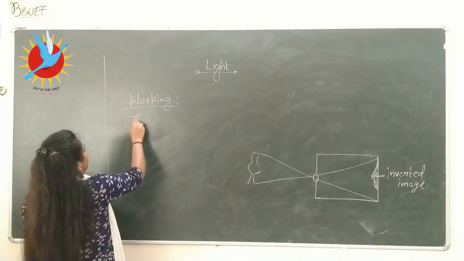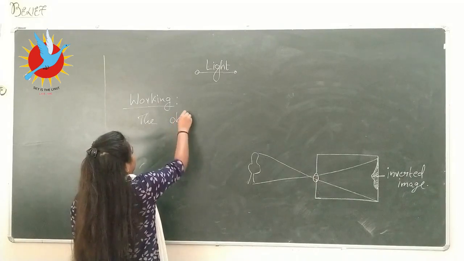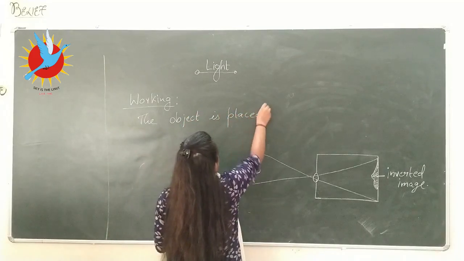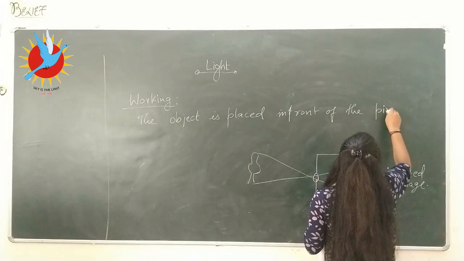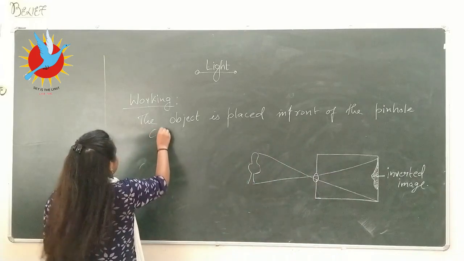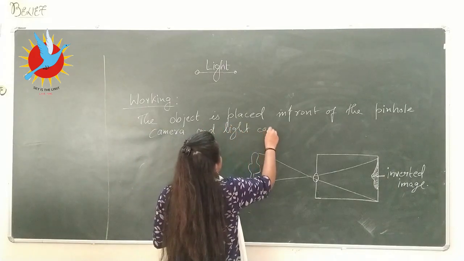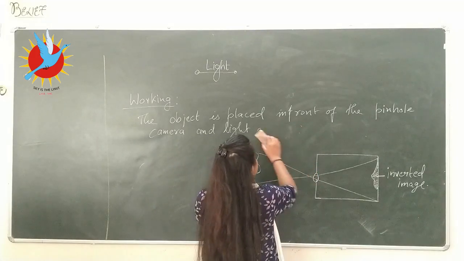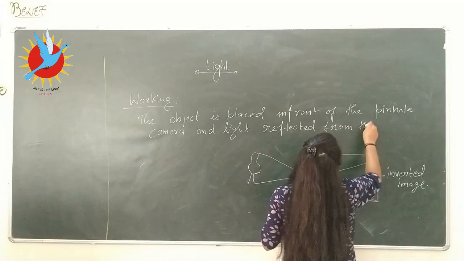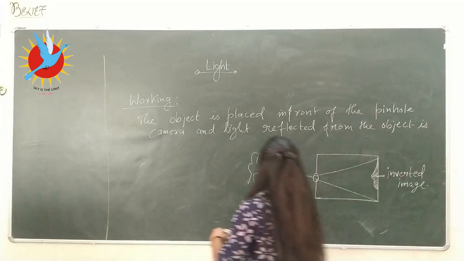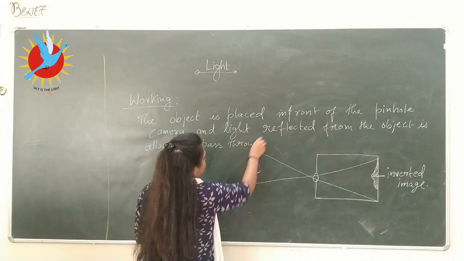So I'm going to write down that the object is placed in front of the pinhole camera and the light coming, or you can say reflected back, from the object is allowed to pass through the hole.